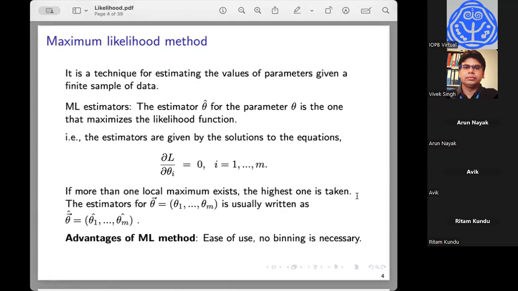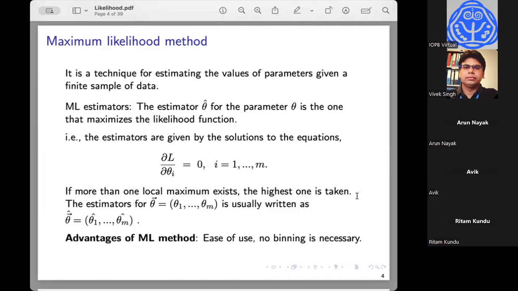Okay, so what is the maximum likelihood method? It's basically a technique to estimate the values of the parameter, given that you have some finite data sample. The estimator theta hat for the parameter theta which maximizes this likelihood function is called the maximum likelihood estimate.